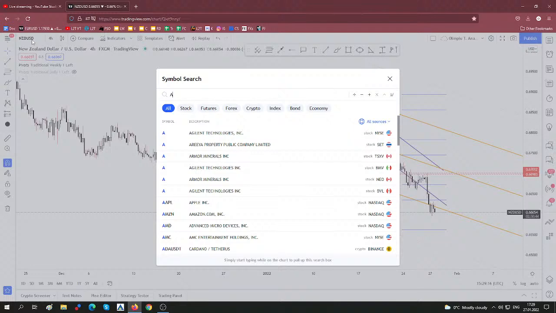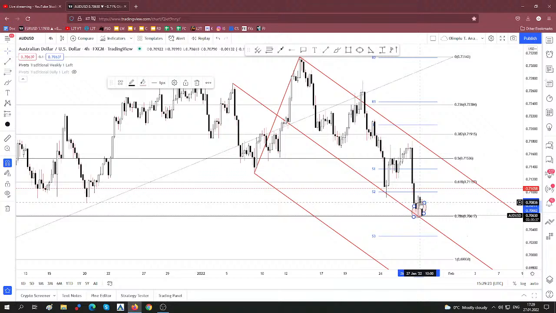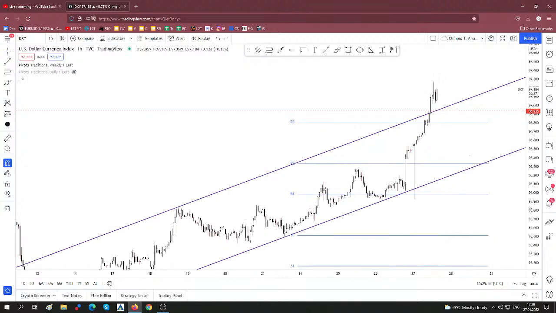Deeper drop here on the Australian dollar, US dollar. Let's take a look at DXY again. I believe that we have something like a rally again here on the dollar index. US dollar, Canadian dollar.